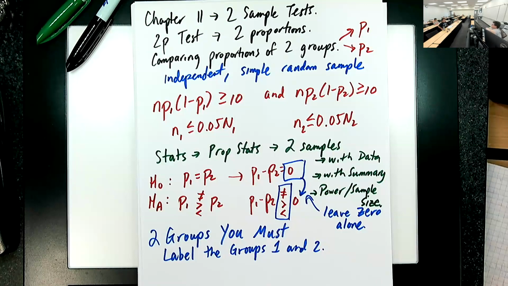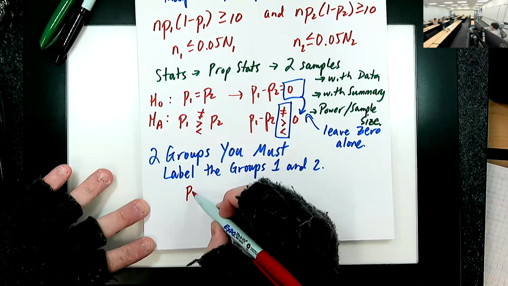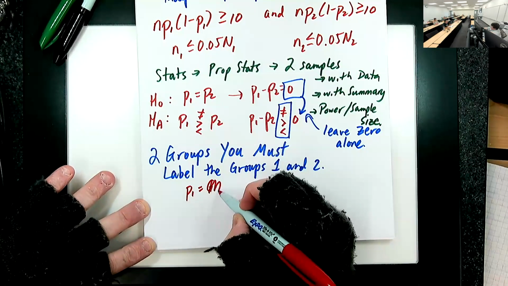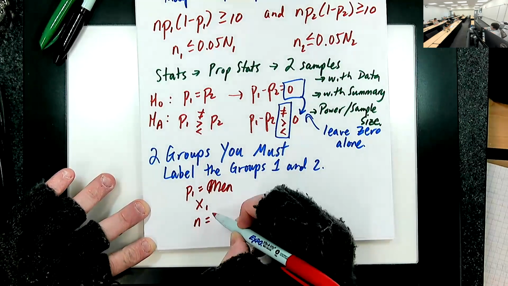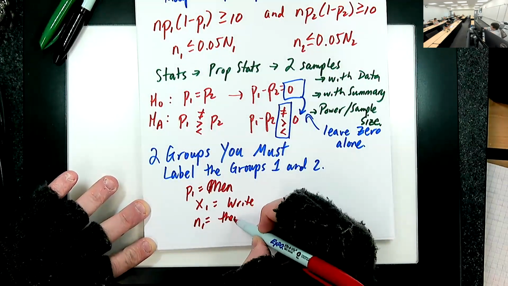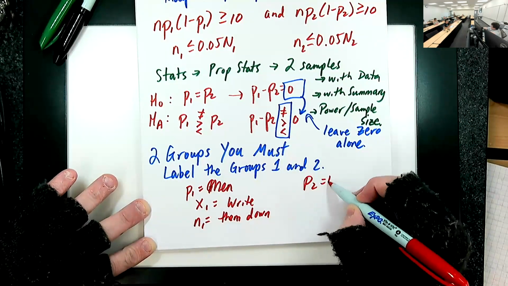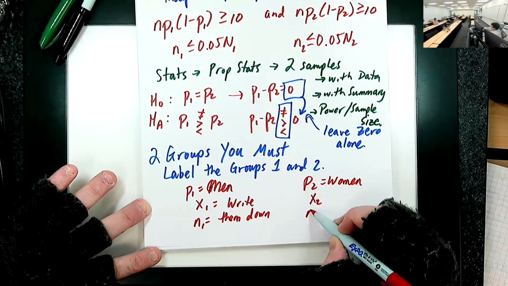I recommend, when you're doing the problem on homework, say P1, group 1, let's say it's men. It's the men group. Then write down what X1 and N1 are. Pull the information out of the paragraphs and write them down because you're going to need them in StatCrunch.